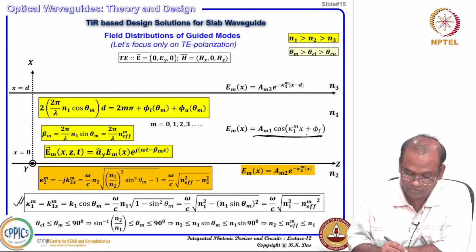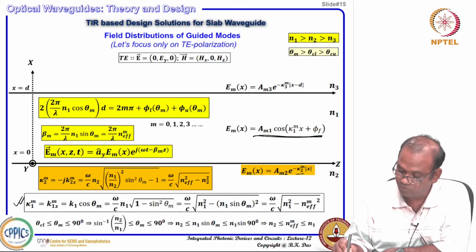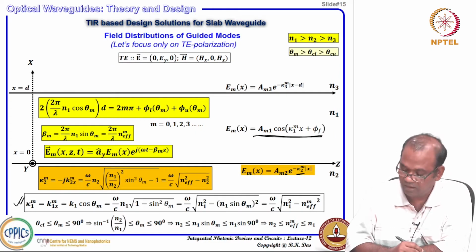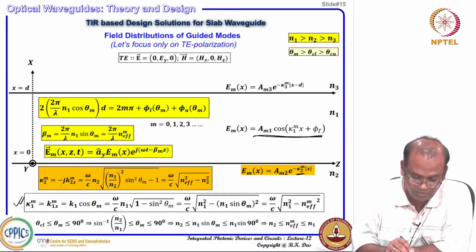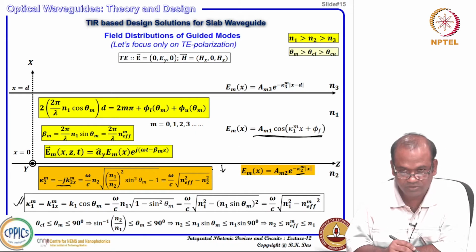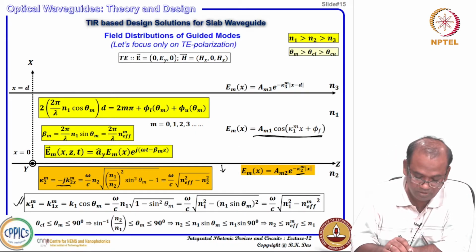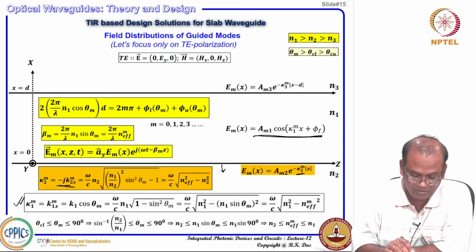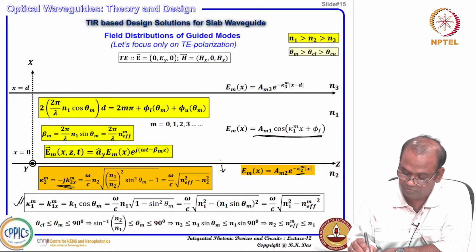Now, what is k2x? Kappa 2, I would say kappa 2. You know that is actually imaginary, because the transverse x component in medium 2 is imaginary. We write this type of solution, and kappa 2, by the way, we can solve. You remember that since there is a tangential component, we can consider some fictitious imaginary theta t, and that theta t can be converted using Snell's law to theta m.